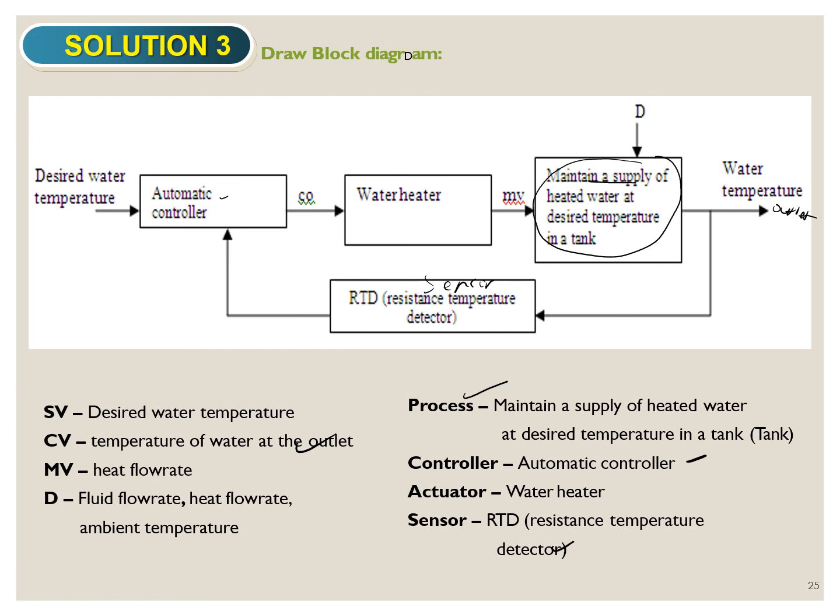The set point is the desired water temperature at the outlet, and our manipulated variable was mentioned inside the statement just now: heat flow rate. The other variables left are fluid flow rate and ambient temperature. All of these can be our disturbance variables.